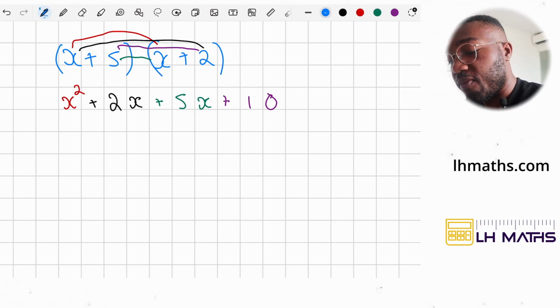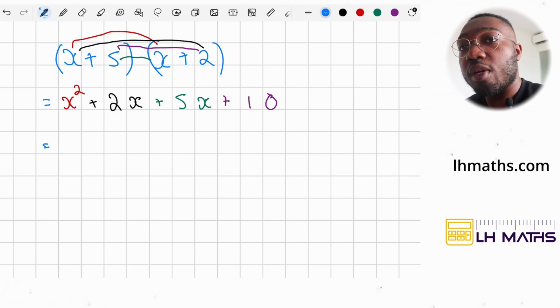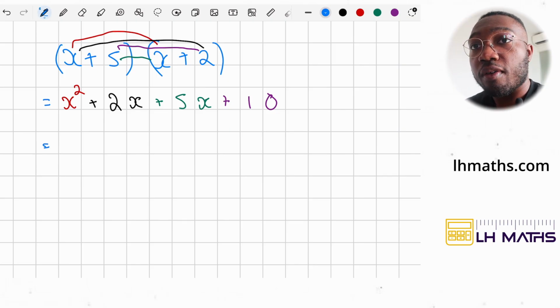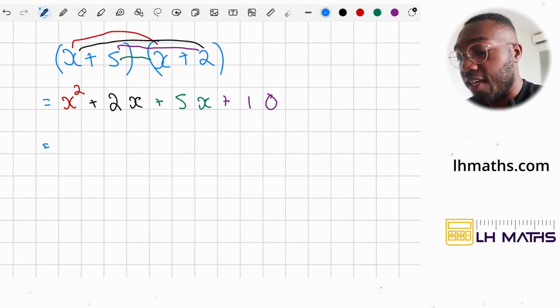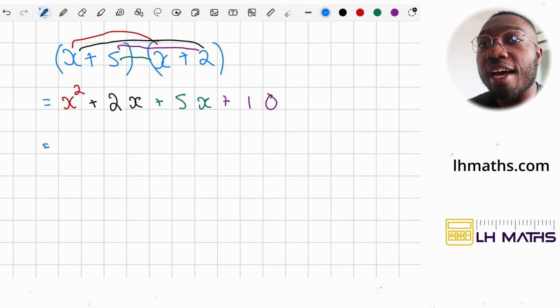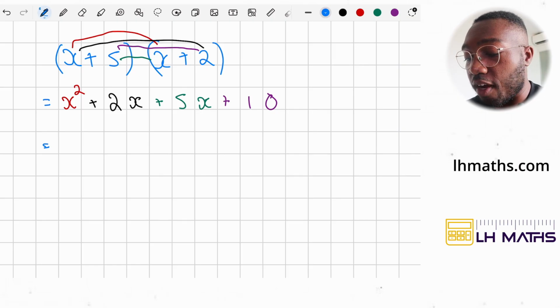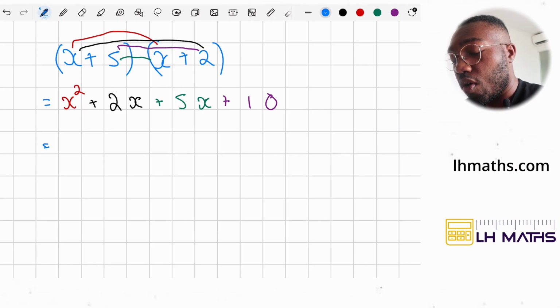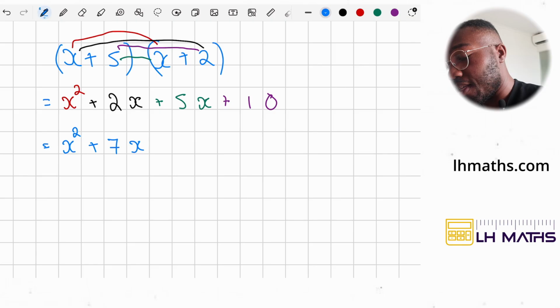And now we can simplify this down a bit, because when you have numbers with the same variable, the same coefficient, i.e. we have 2x plus 5x, what that's telling us is we have 2 lots of x and 5 lots of x, right? So we can't do anything with the x squared, but 2x plus 5x would be 7x.